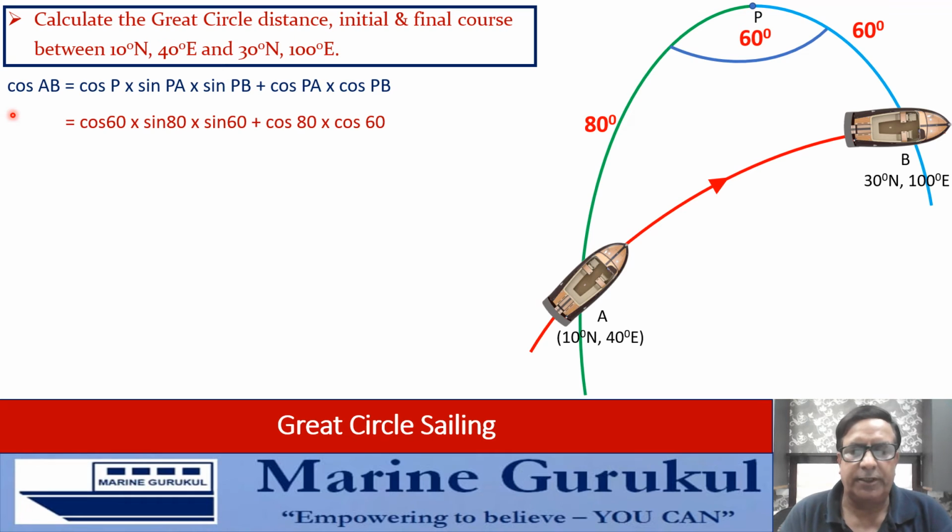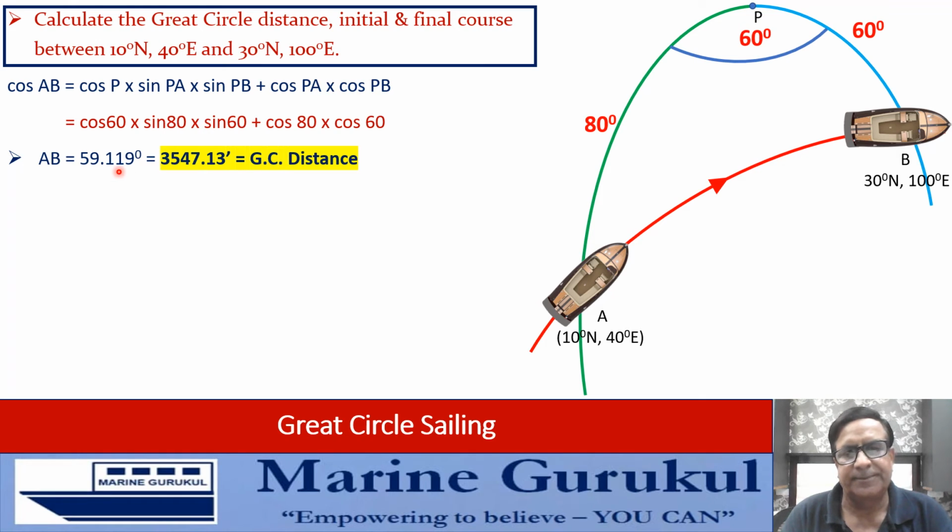We put in all these values and this gives us the value of AB as 59.119 degrees. When multiplied by 60, it translates into 3547.13 minutes, which is the GC distance between A and B, 3547.13 nautical miles.